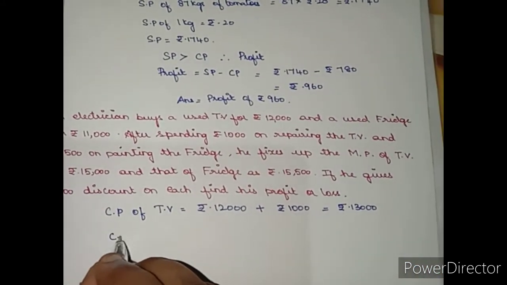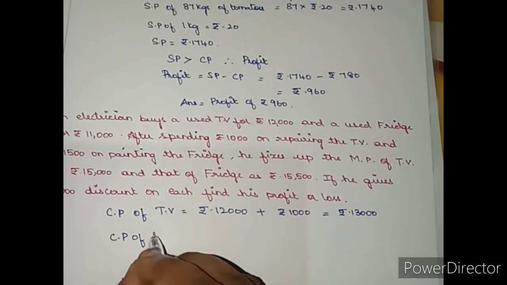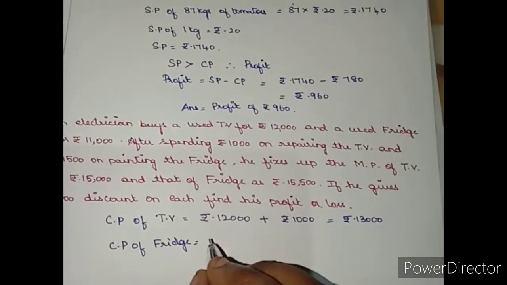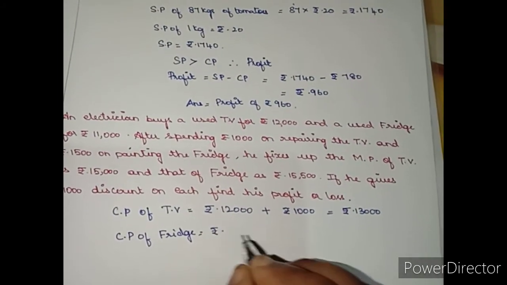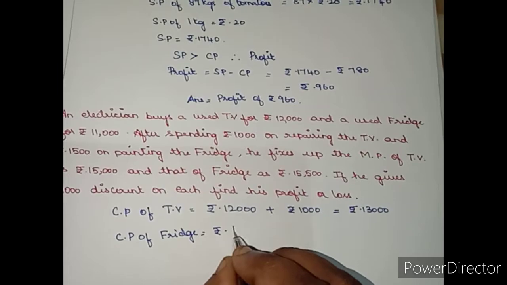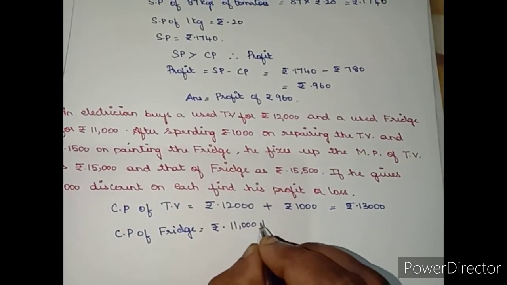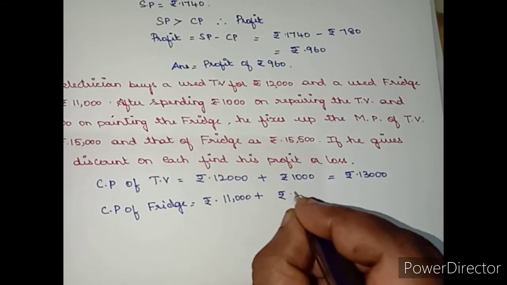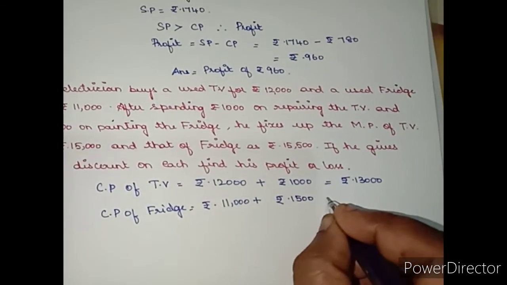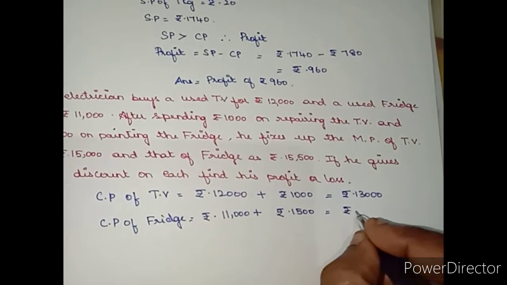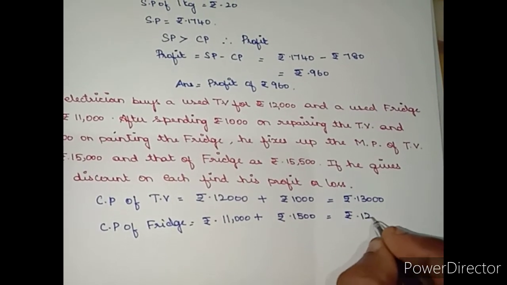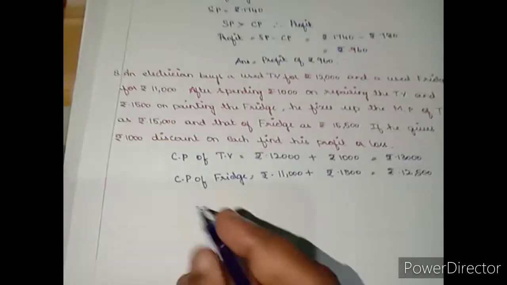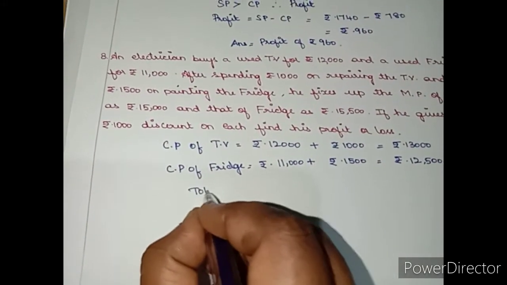Next is CP of fridge is equal to rupees 11,000 plus how much he is spending for painting? 1,500. So it is rupees 12,500.